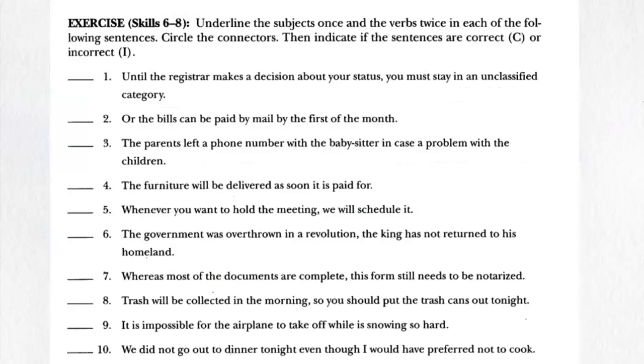So let's integrate the strategies that we have practiced. Paying attention to two clauses, making sure that the two clauses have subject and verb. Look for the connector, which can be a coordinating connector or other. Remember to look for the comma in the correct place when we are using connectors.